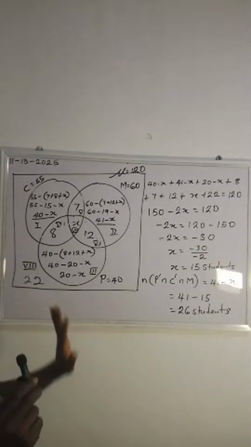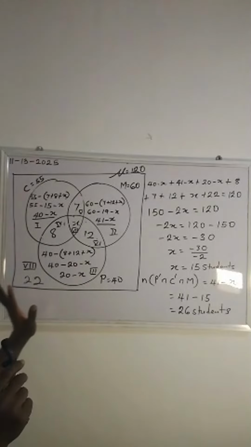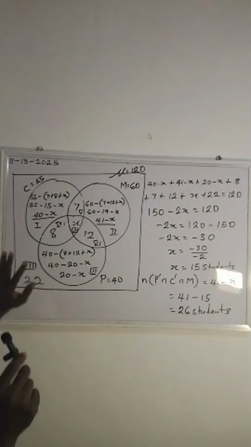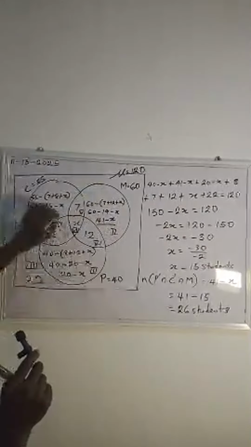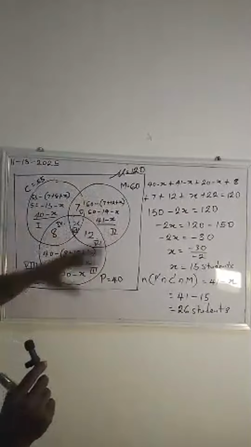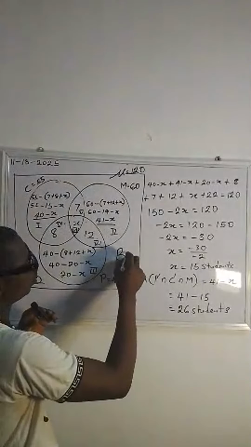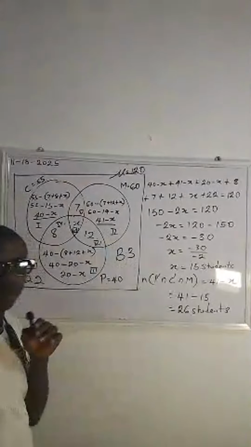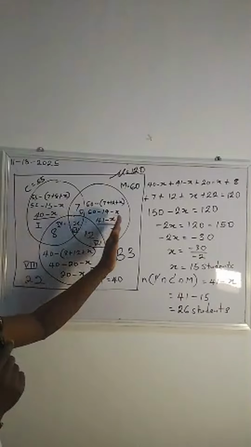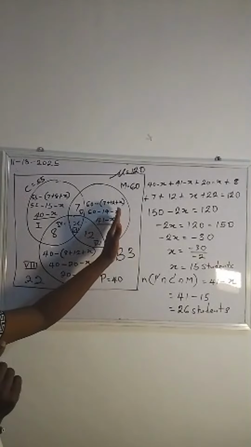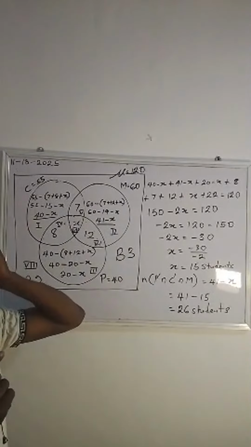So suppose this question is given to you in the exam, how do we mark? The first thing is representing all of these correctly in your Venn diagram. We are going to have B3, 3 marks. And for any wrong entry or anyone you forget to enter, there will be a subtraction of half mark.